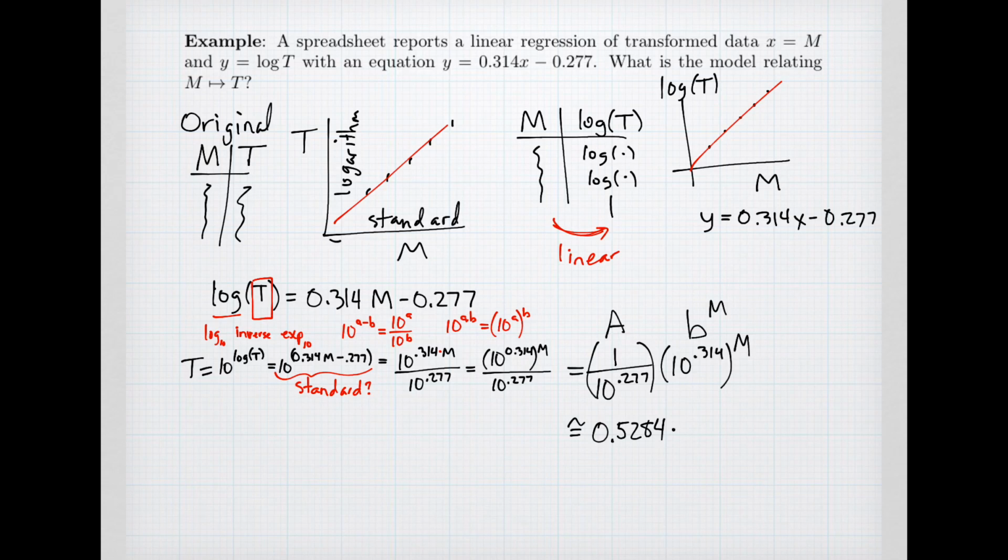And 10 raised to the 0.314 power is 2.0606 approximately raised to the m. And so here is my approximation of the exponential model that came from that semi-log plot.